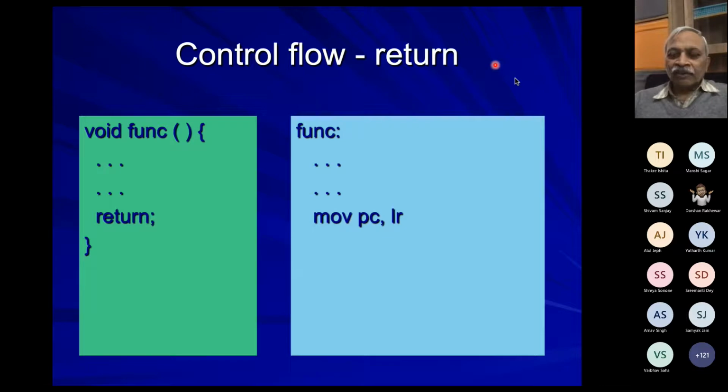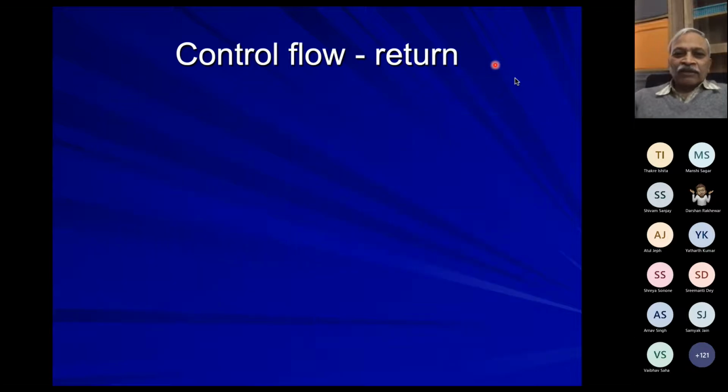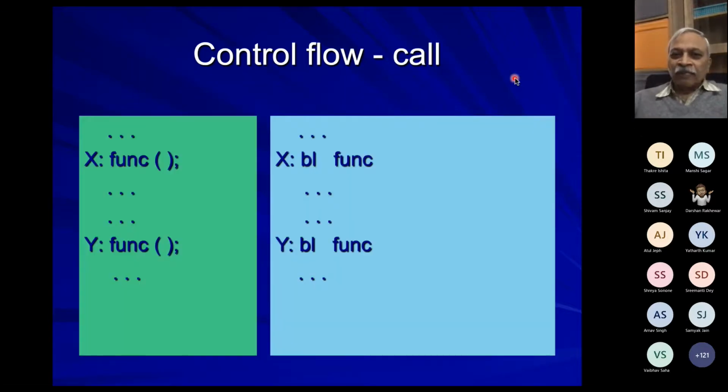Sir, can you repeat what the move PC LR statement would do? Okay. So first let's go back and understand what BL is doing. BL is like a branch instruction, an unconditional branch in this case, which means the PC changes to the specified address. So when you are saying BL func, this label corresponds to some address.